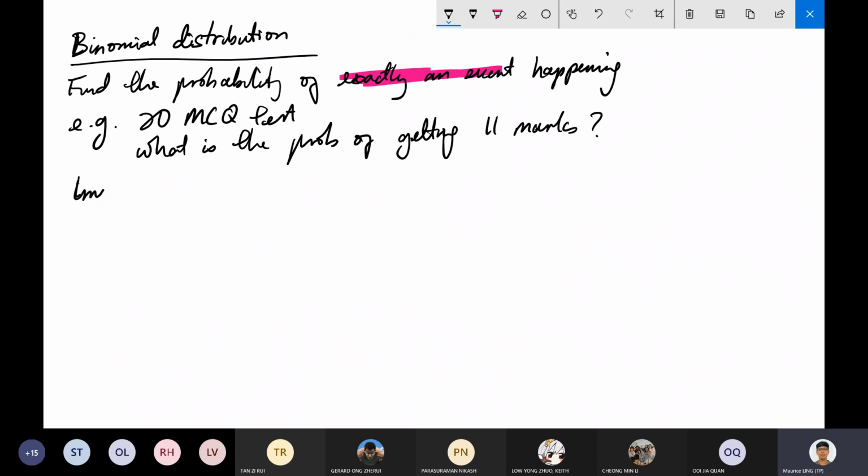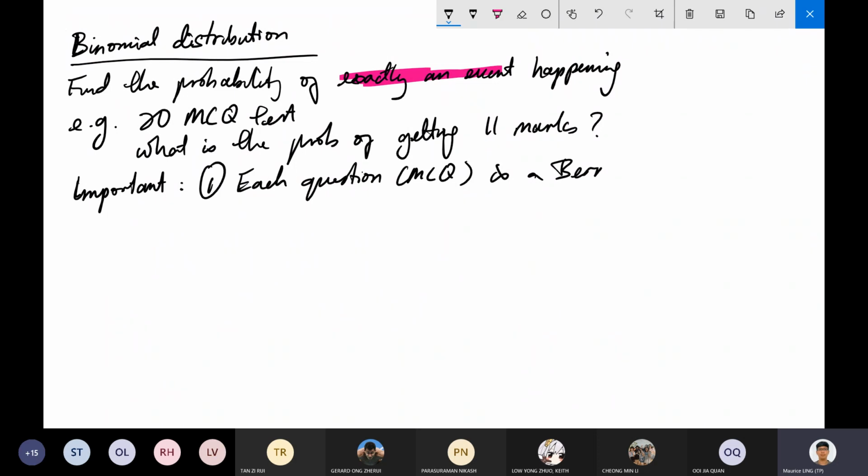There are a few important points. Number 1 is each question here, each MCQ, is actually a Bernoulli trial.